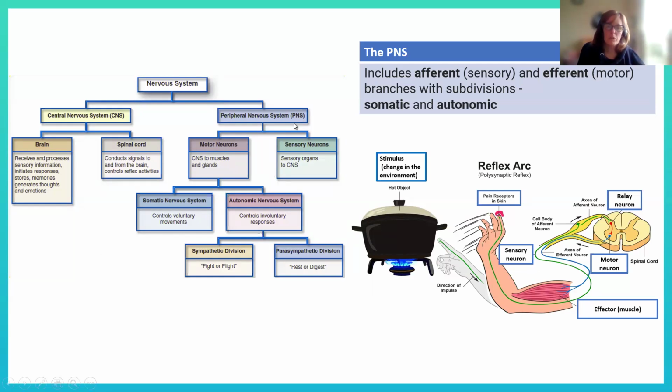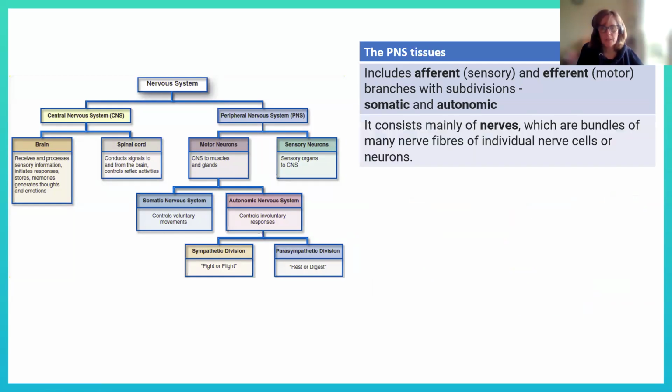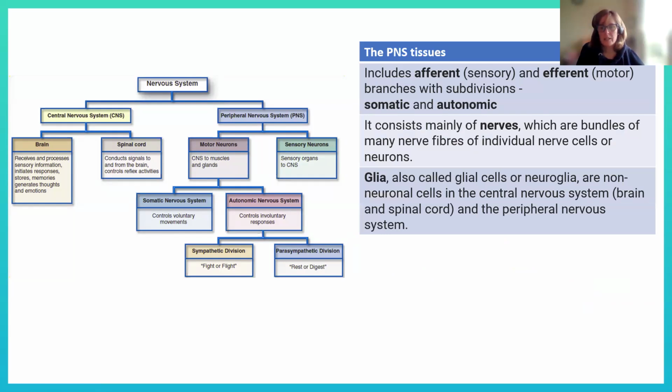In the peripheral nervous system, you've got the sensors, the sensory neurons, the motor neurons, and the central nervous system all working together. Again, in the peripheral nervous system, the tissue is nerves, bundled together into nerve cells. And obviously we've got these glial cells there as well.